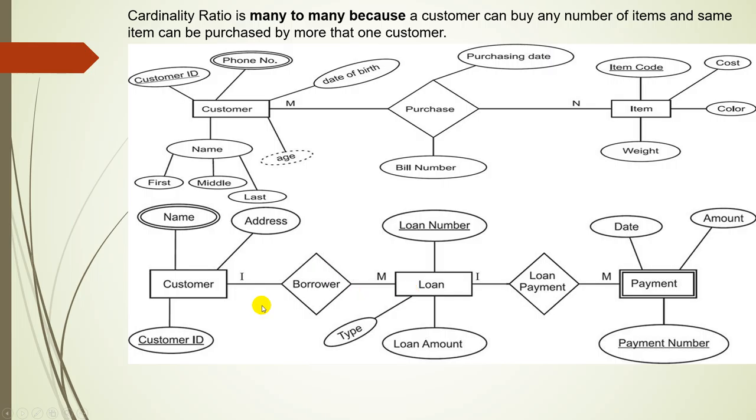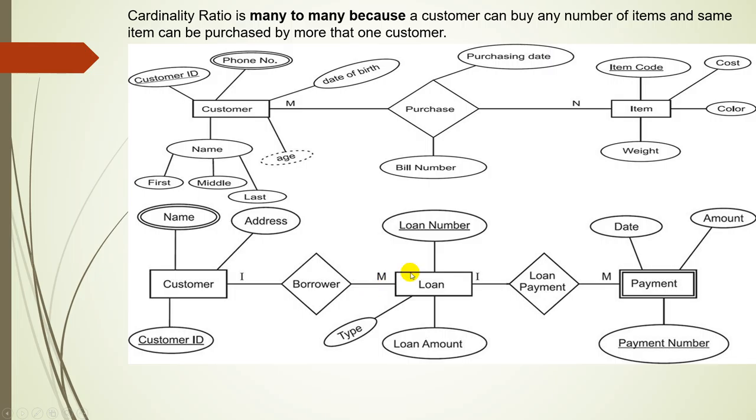So customer ID 1 has loan number 1, for example. Customer ID 1 has loan number 10. Customer ID 1 has loan number 15. Customer ID 2 has loan number 45, for example. And the relation here is one to many.